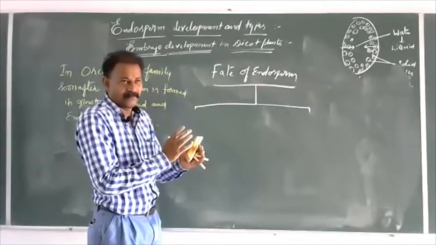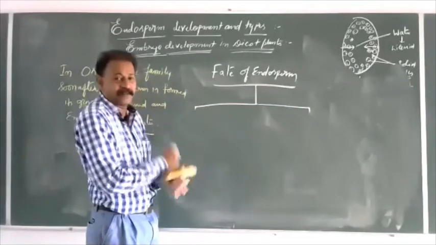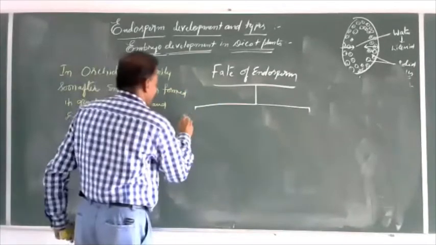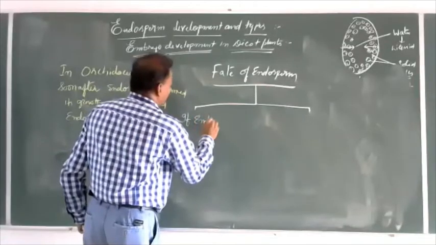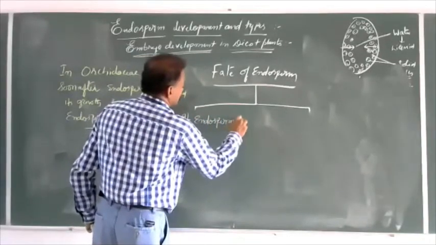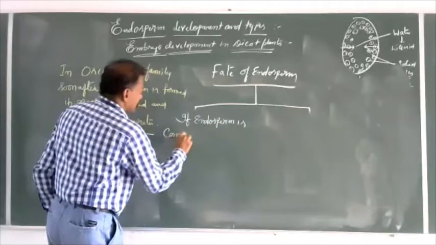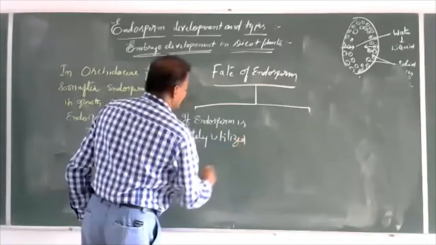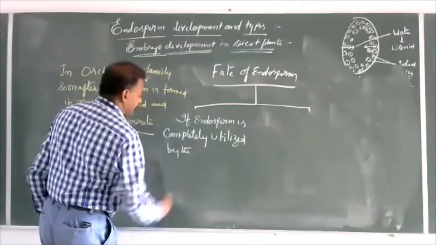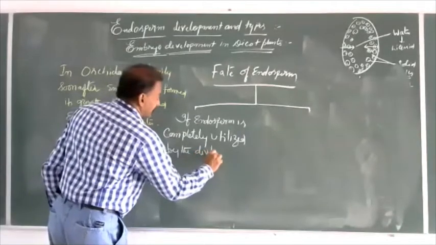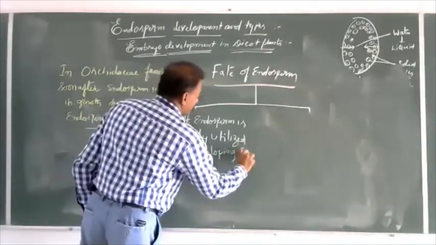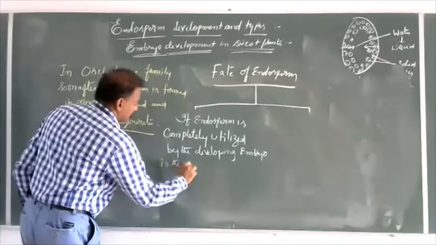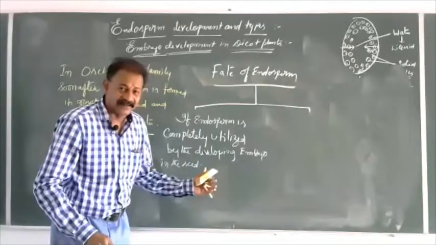So by the time when the seed is formed, if endosperm is completely utilized by the developing embryo in the seed, it means a seed not having endosperm.